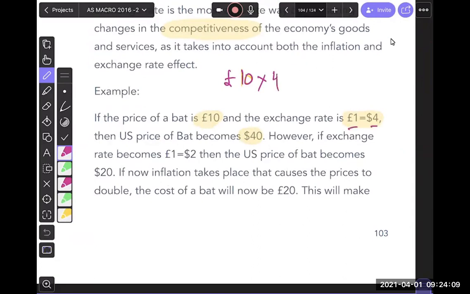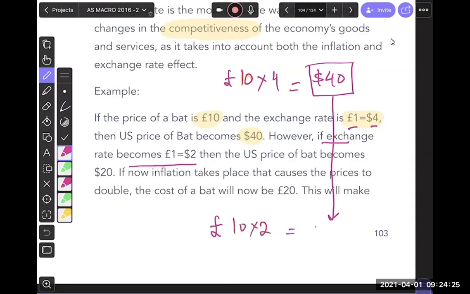Every pound is $4, which would mean the bed is $40 if it goes to the US. Now, if the exchange rate becomes £1 equals $2, this price will become £10 times $2, or $20. So exports are becoming cheaper because the pound is becoming weaker.